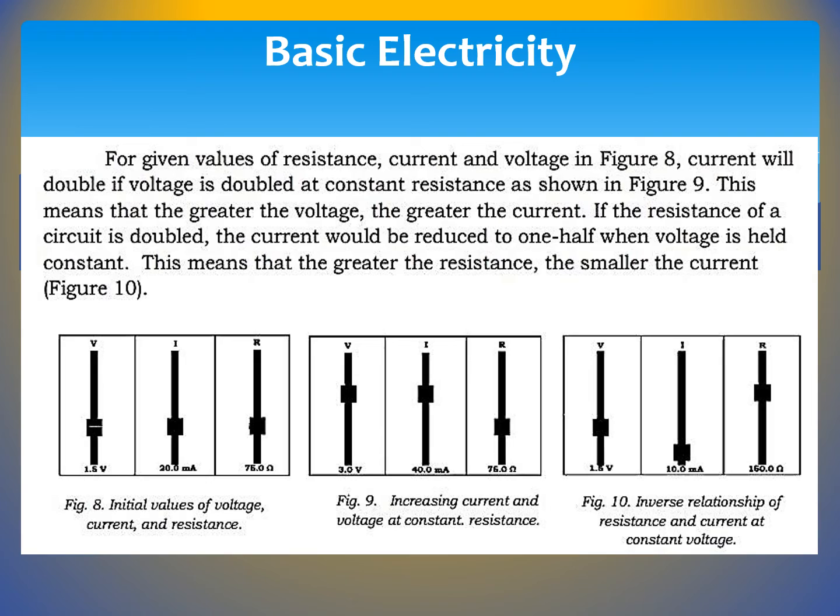Now, with regards to the current, going on with figure 10, that is the inverse relationship of resistance and current at constant voltage. So the voltage is constant, so we did not change it, though the electric current flowing towards the unit or a particular appliance decreases, because of course the resistance here was increased.